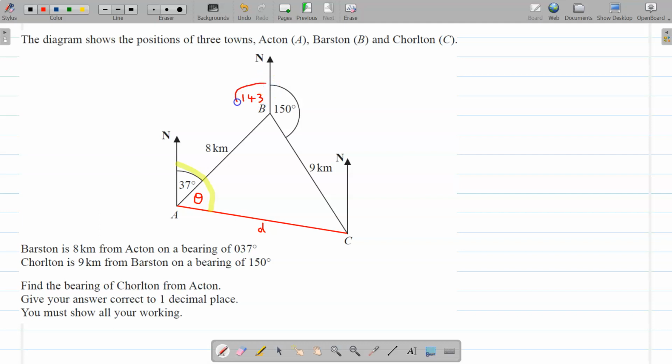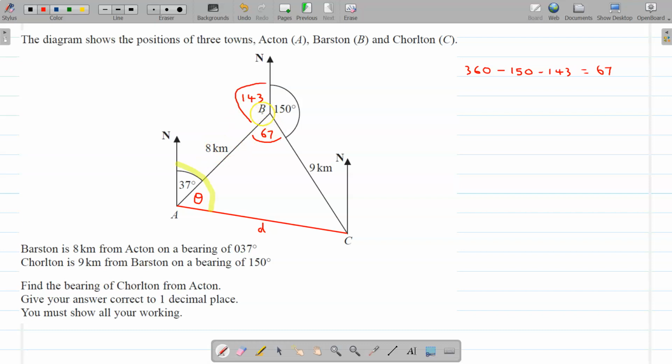So that's 143 round there. That means I can work this out. That's 67, because it comes from 360 minus, I'll put some working down because it says you must show all your working, 160 minus 150 minus 143, which is 67. Remember, you've got a calculator.